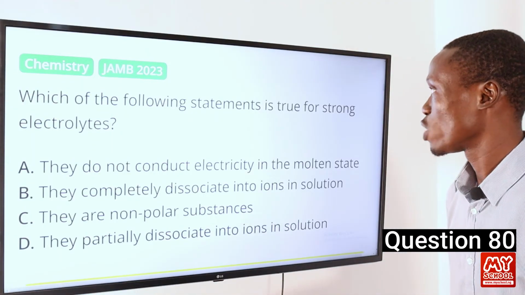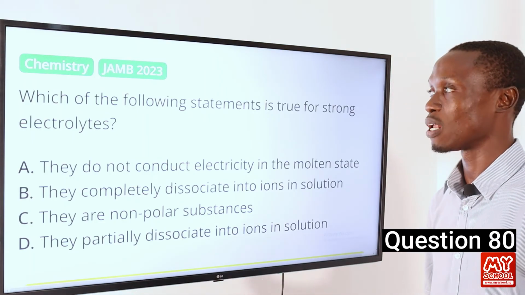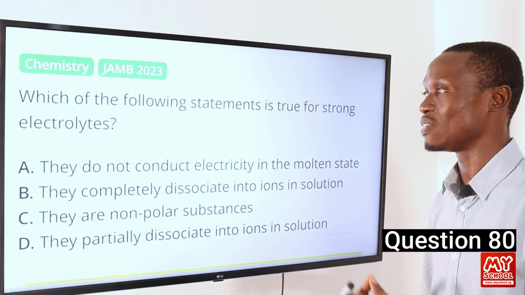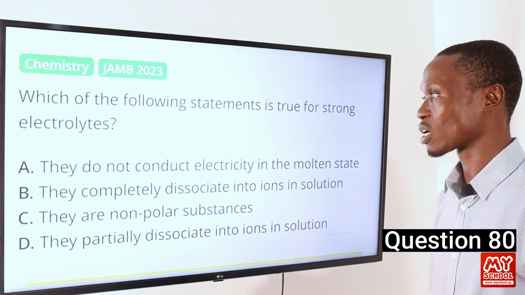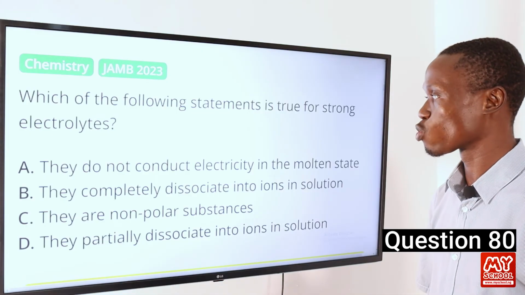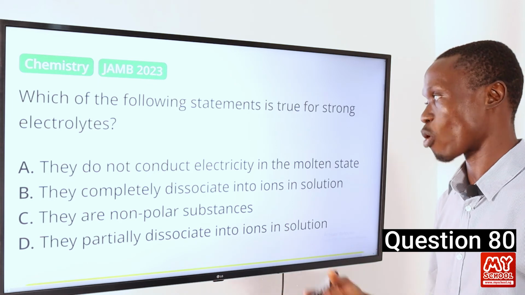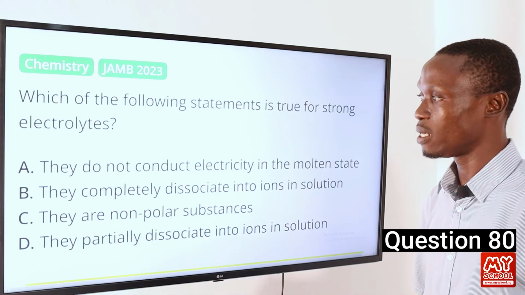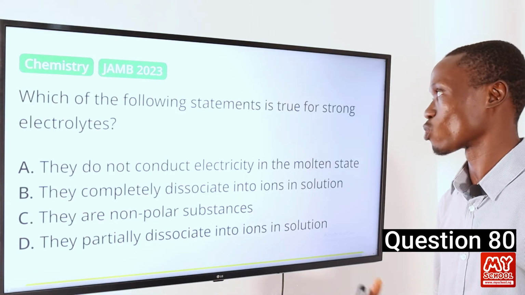Question 80. Which of the following statements is true for strong electrolytes? Strong electrolytes are substances that ionize completely in their aqueous solution, and they have high electrical conductivity. So A, they do not conduct electricity in the molten state. No, strong electrolytes do conduct electricity in their molten state. While B, they completely dissociate into ions in solution.